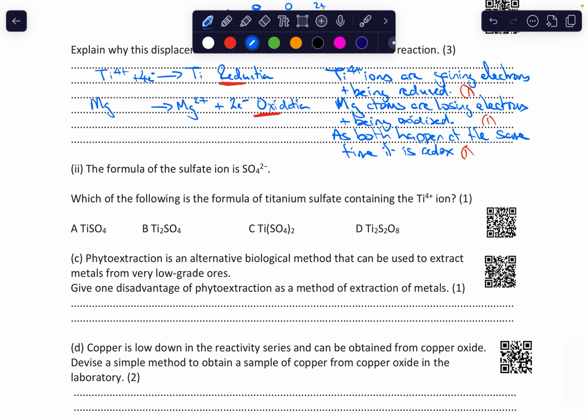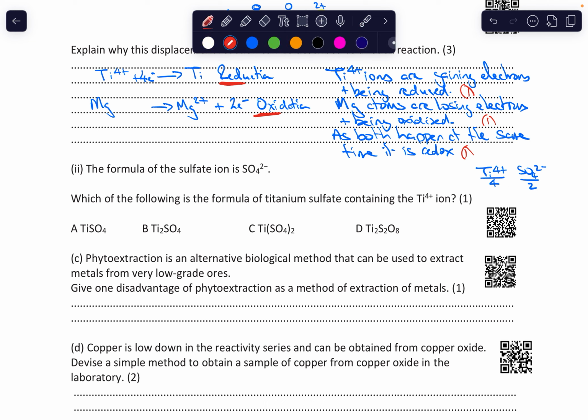Okay, sulfate ions, it's got a formula. Which of the following is a formula for titanium sulfate containing Ti4 plus? Okay, so Ti4 plus and sulfate ions. This wants to make 4 bonds and this wants to make 2 bonds. Remember, we get that from the charge on the ion. So 4 plus means 4 bonds, 2 minus means 2. We then check these 2 numbers here. Can we simplify them?